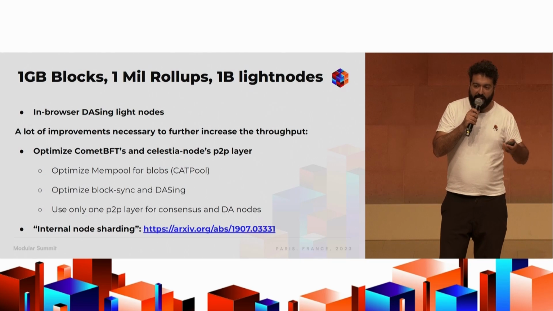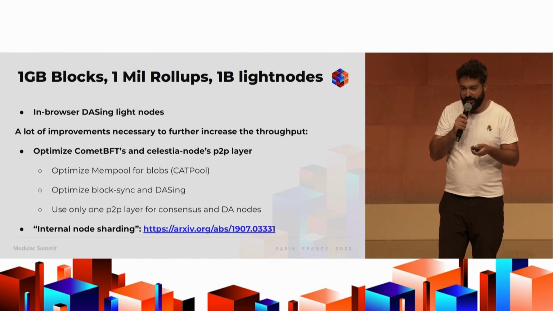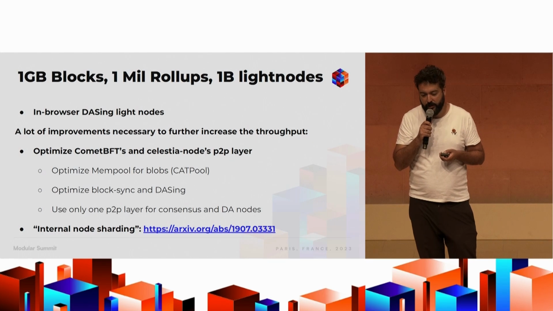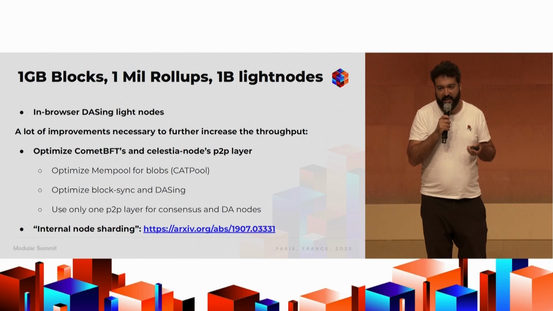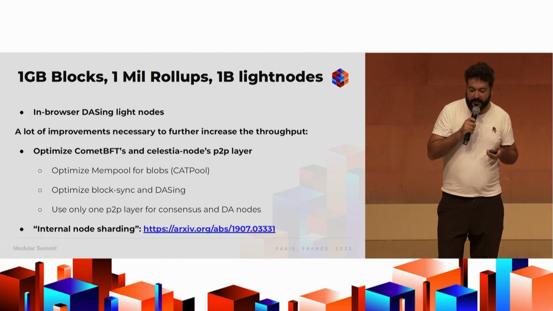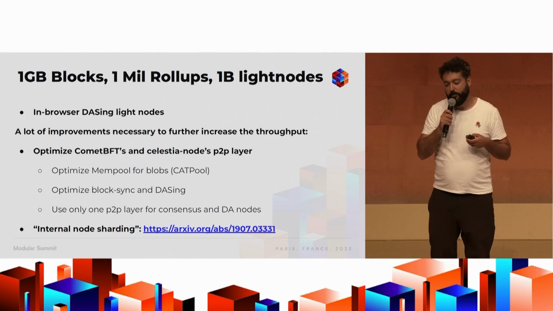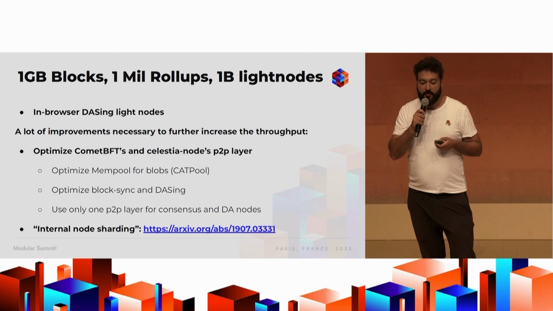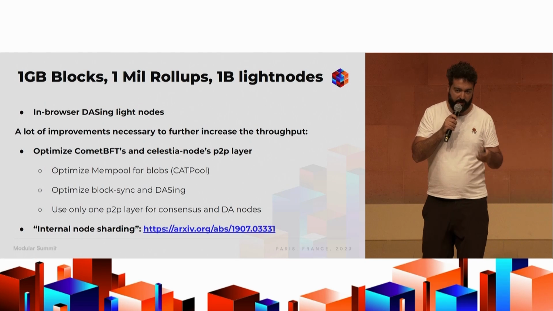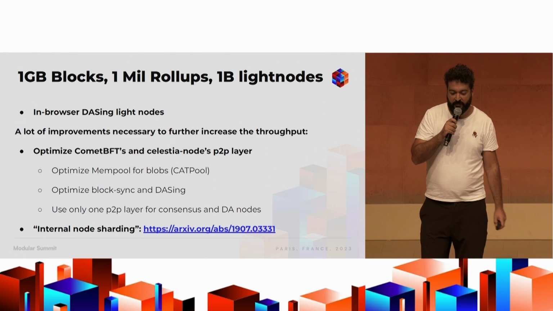There are a lot of low-hanging fruits and optimizations that we will do. One of them is already started, which is the content addressable pool, CAT pool. Callum implemented this already. Similarly, the node peer-to-peer layer needs a lot of improvement to achieve this, mainly block sync and DoSing. There are a lot of optimizations to be done, mostly very implementation specific.